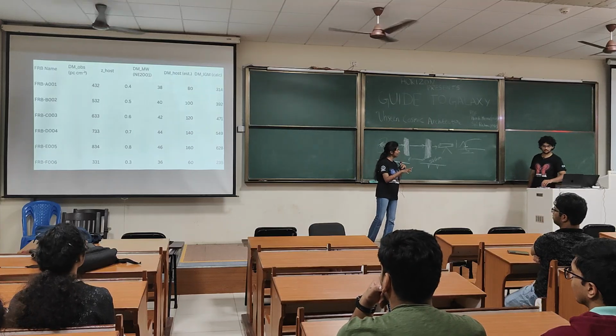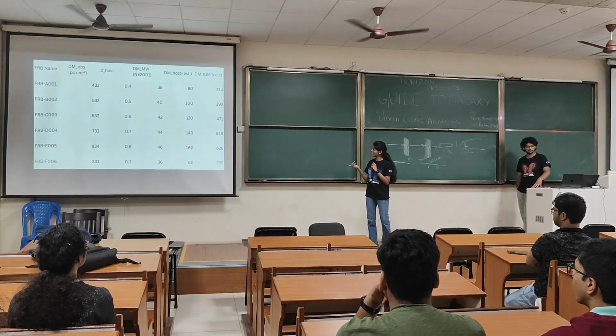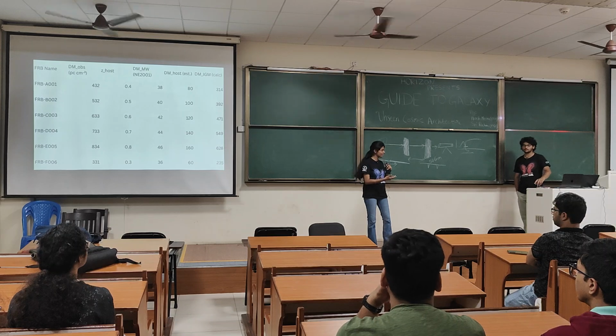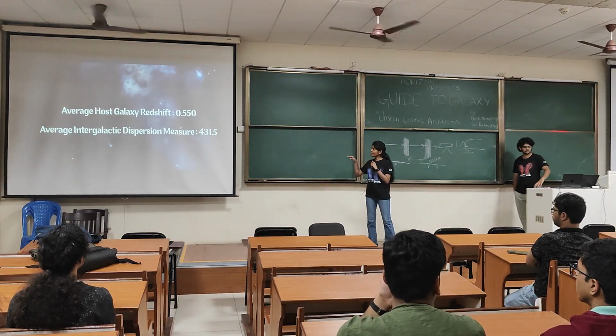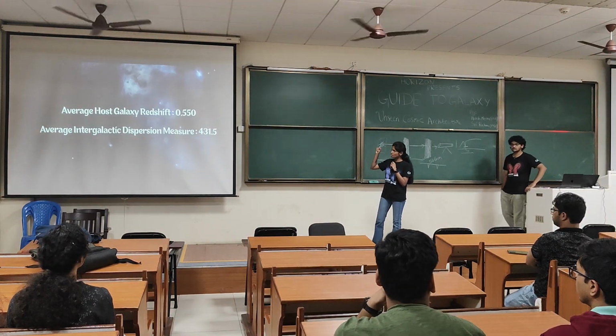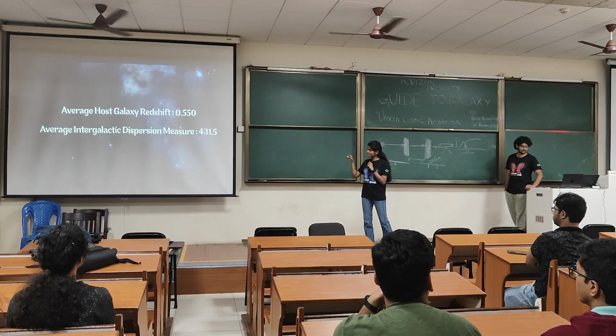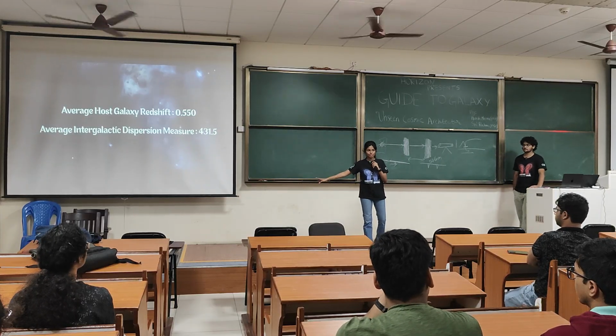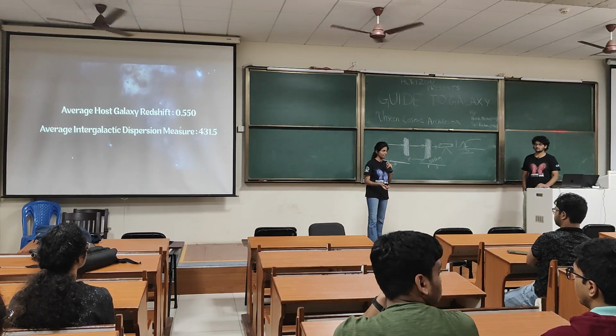Using the same formula, these are the answers, and you can go to the next slide. If I calculate the average host galaxy redshift and the average intergalactic dispersion measure, this is what I would get from the data that I just gave you.